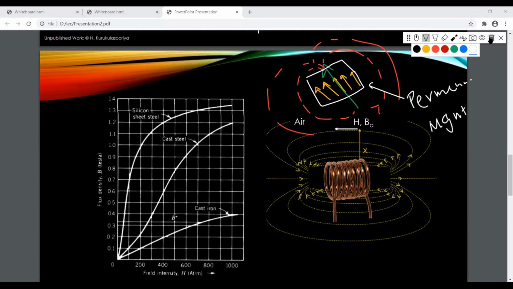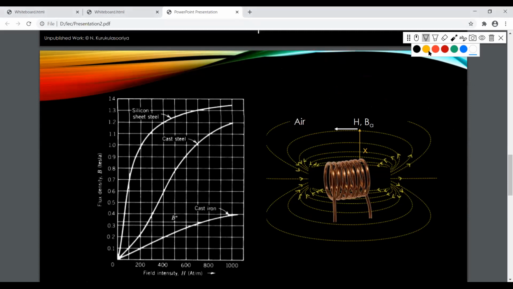So for some other materials, the domains are arranged in a way like this. So in that case, you know from the vector summation theorem that when you have vectors arranged in a closed shape like this, the resultant vector is 0.